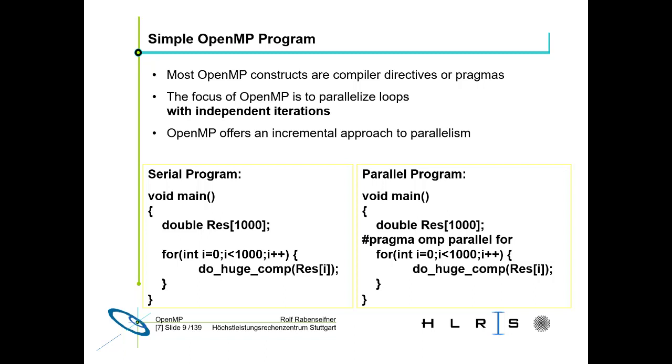So independent iterations, that's good for OpenMP. And the only thing which we need to do in order to parallelize this, so to ensure that the cores do some iterations, but not all, so that the work is actually divided among the cores, among the threads of your application, is add a compiler directive. So basically pragma omp parallel for says that the for loop below it should be executed in parallel by multiple threads.